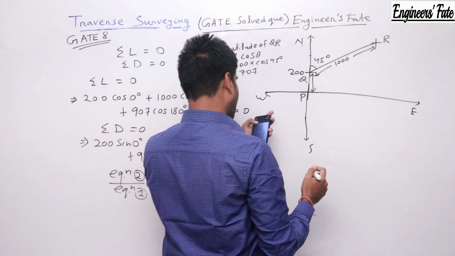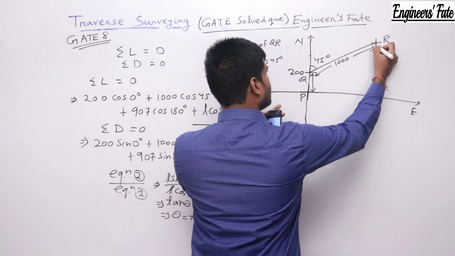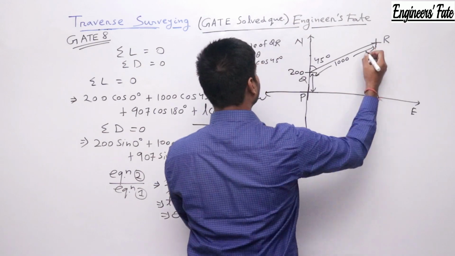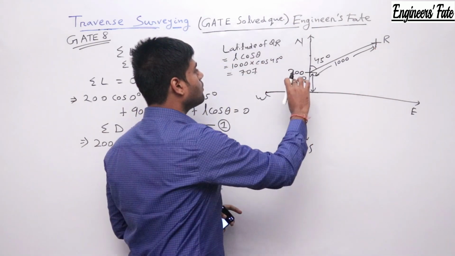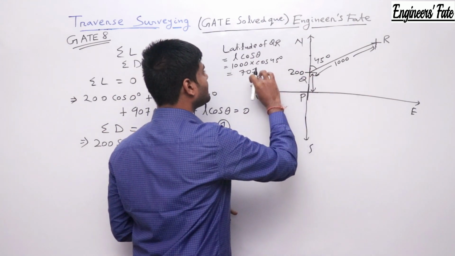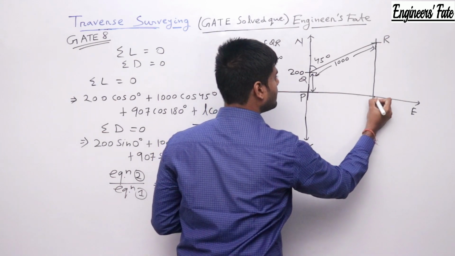Next I have to draw RS. So R and S, the length is given as 907. That is why I have to find it. If you sum 200 plus 707, the RS length is also 907.